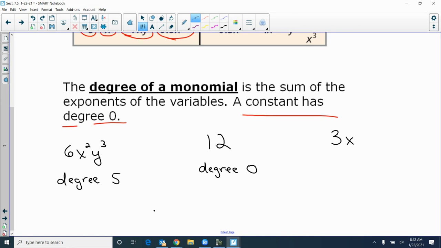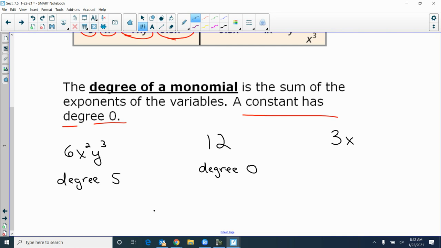And what about 3x? What's that degree? What you got there, Josh? Your gut says, I don't know. Grant, come on. Is it just X? It's got to be a number. Look, Grant, the definition is the sum of the exponents of the variables.